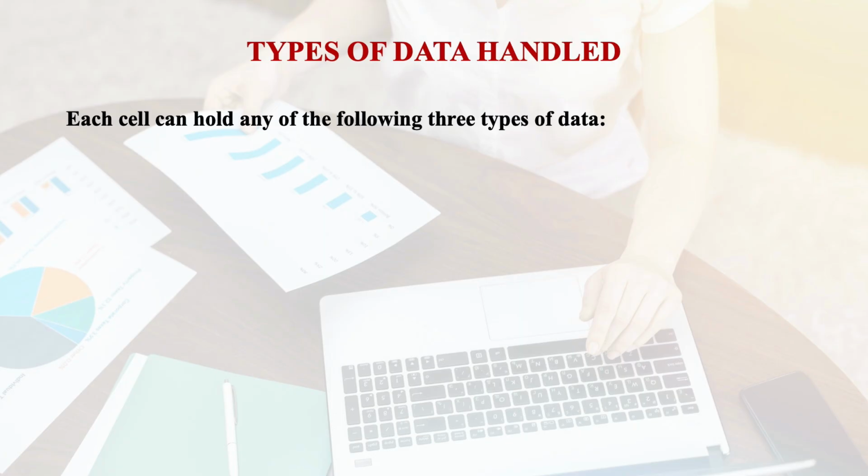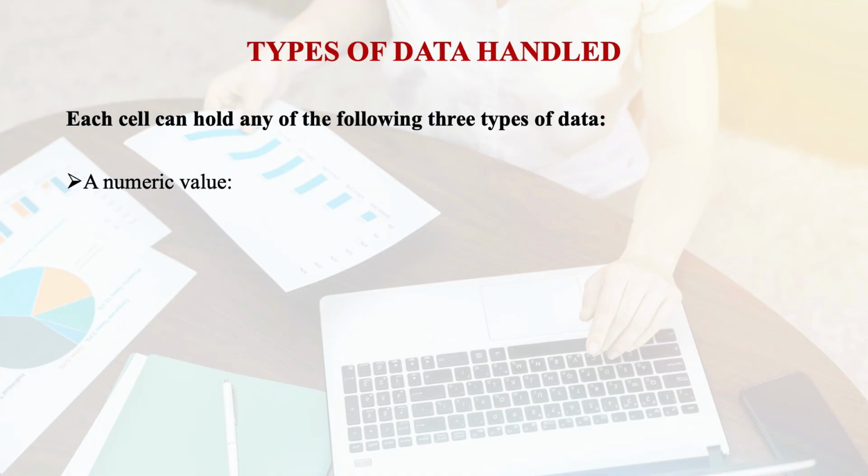Now the Excel spreadsheets are actually meant to work with data. So you are supposed to understand what are the different types of data that can be handled by Excel worksheets. There are in fact three types of data.